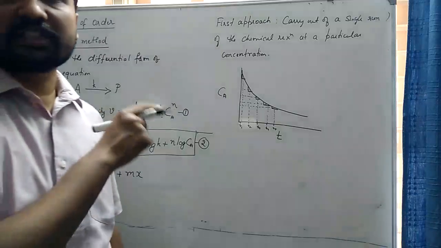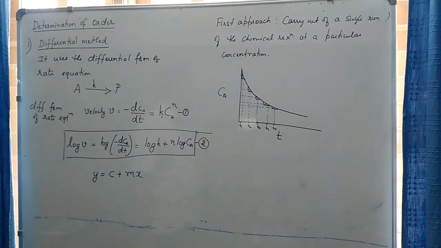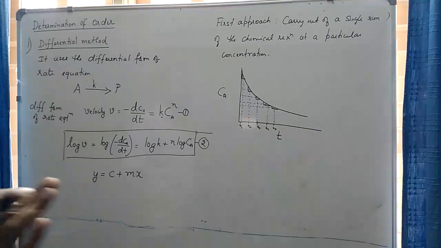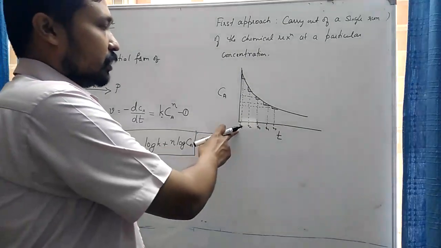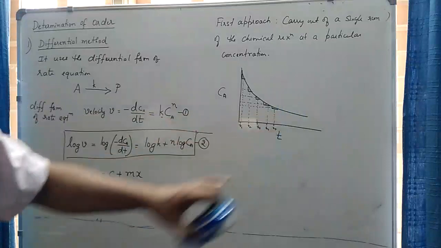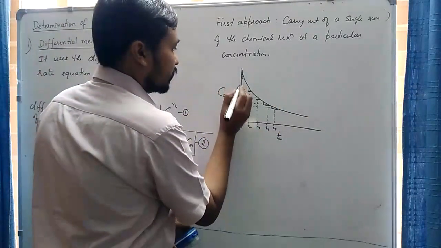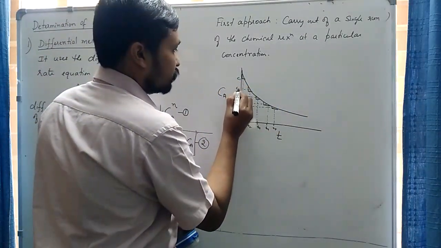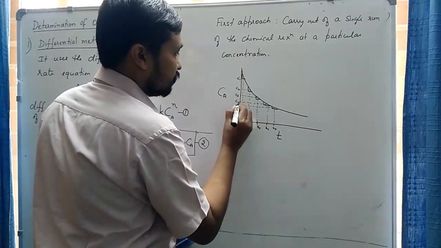The values of this slope are nothing but the rate of the reaction. So I have 5 different data of the rate of the reaction, at time intervals t1, t2, t3, t4, t5. I will take the concentrations as c1, c2, c3, c4, c5.